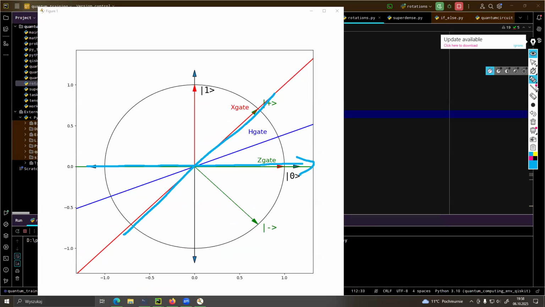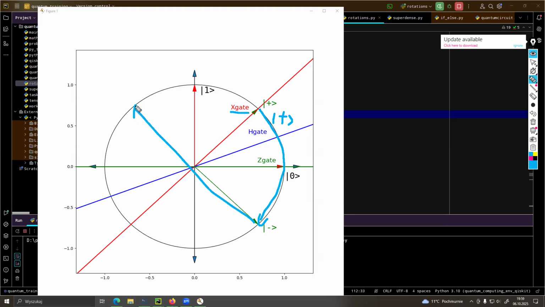So if I prepare, let's say, a state that has a plus, my Z gate will reflect it over to minus. And then after I apply an X gate, I could land here. So I could have most of the combinations by just going either here or here, for example, minus minus, right?